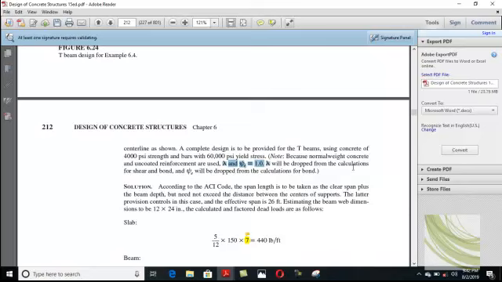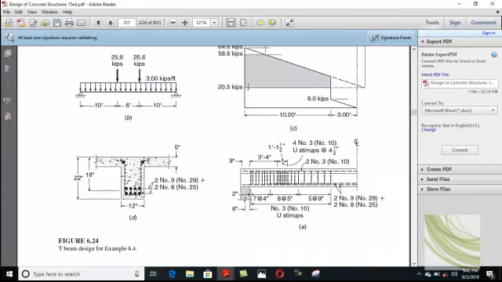Lambda will be dropped from the calculation for shear and bond, and psi e will be dropped from the calculation for bond. Clear? So you must understand the example.